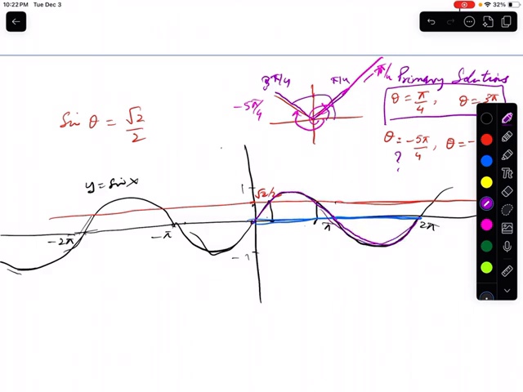You can see it is only crossing in these two places. So this one is pi over 4, and this one is 3 pi over 4.